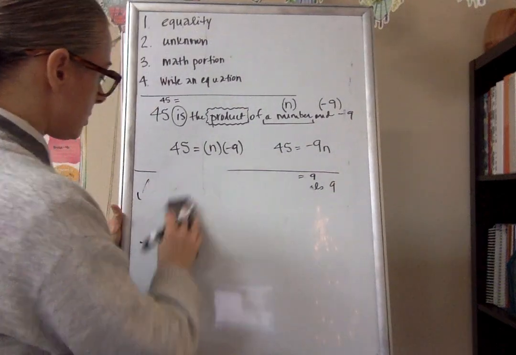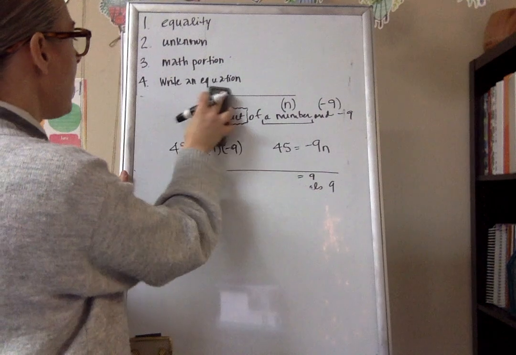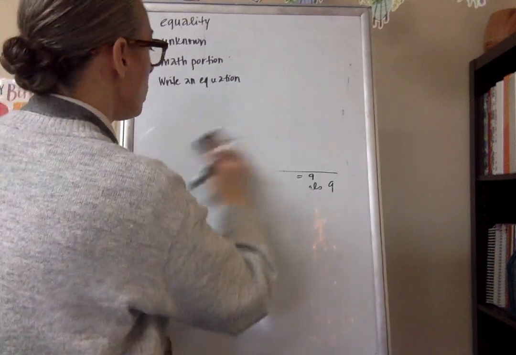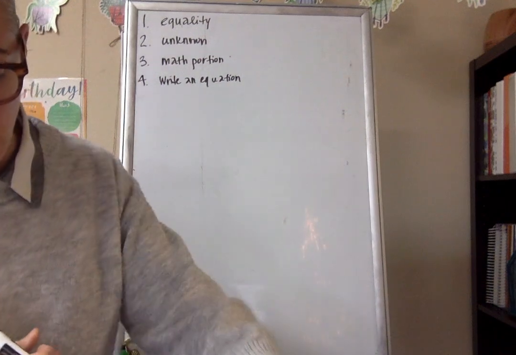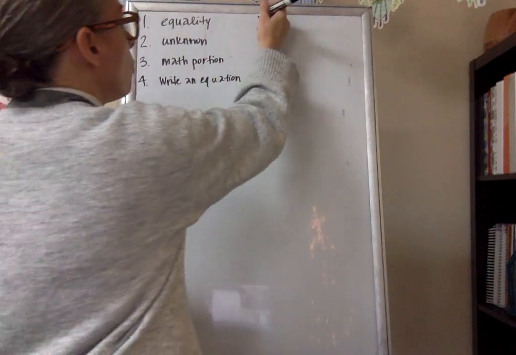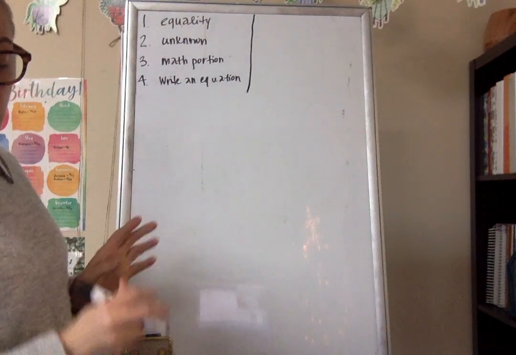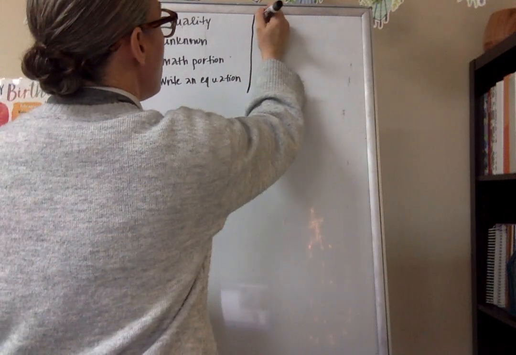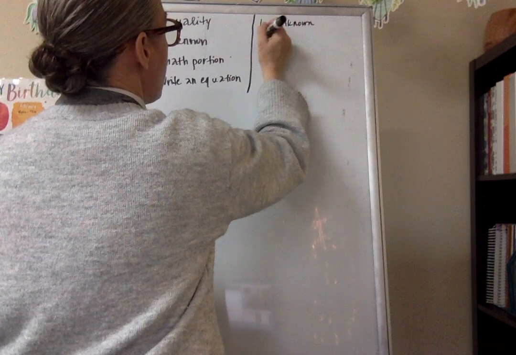All right, let's look at example 3, where we're going to write equations for real-world problems. These were just math sentences that we've been practicing with, but we're going to work with real-world problems. We're still going to have 4 steps, but we're going to do it in a little bit different way. We're going to find the unknown first, right?